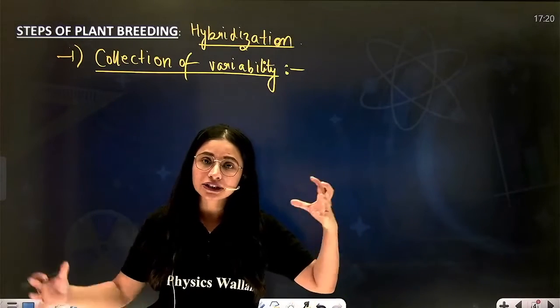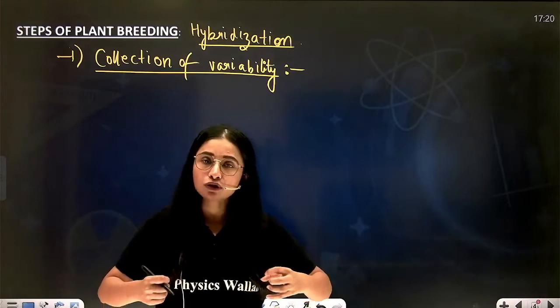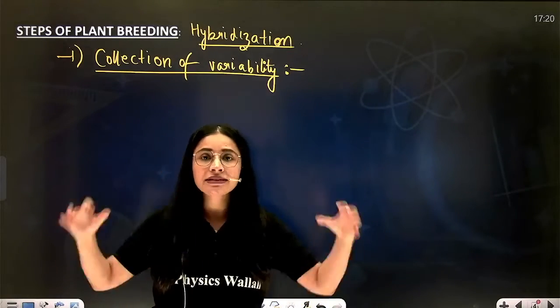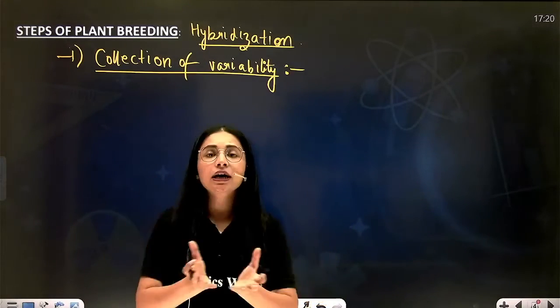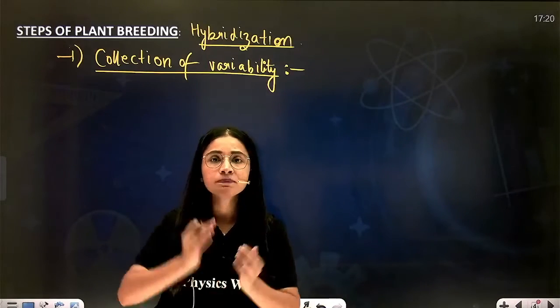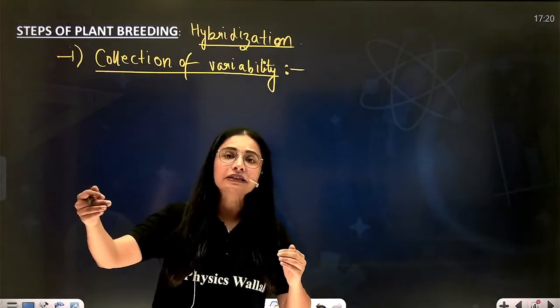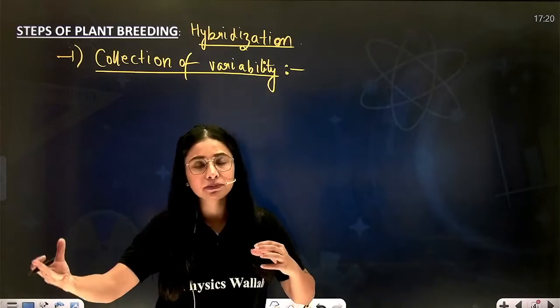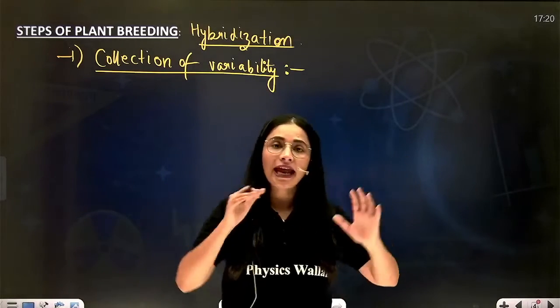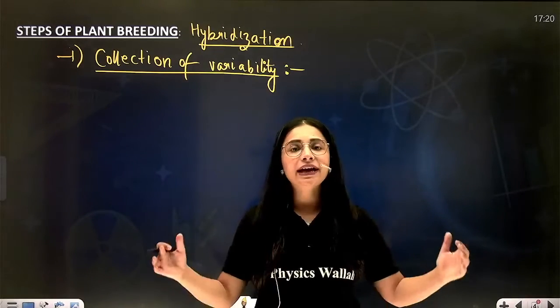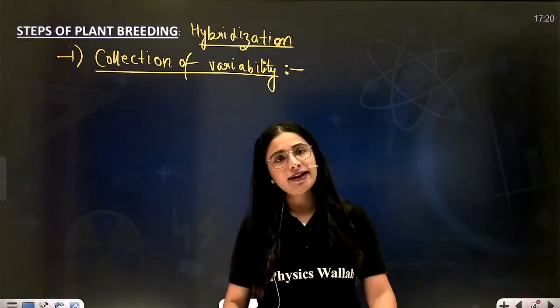So a collection of all the wild varieties of a species, their genes and alleles, and make a germplasm, so that if any scientist wants to perform any hybridization experiment on any species, then all the varieties are very well exposed to them.